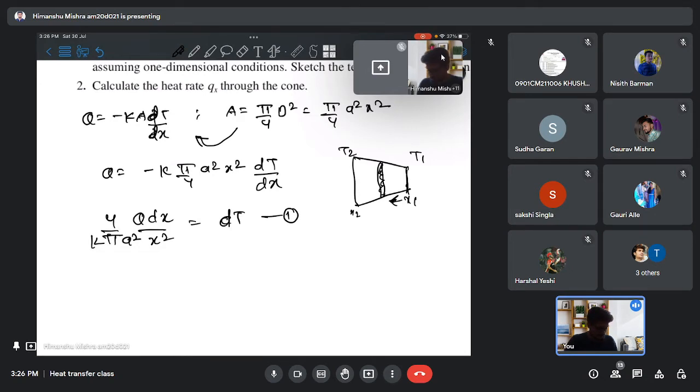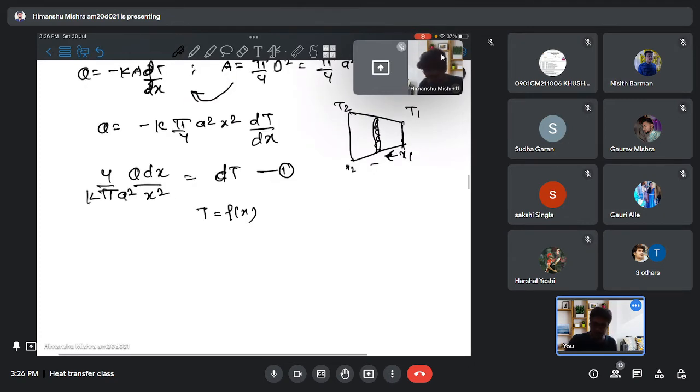I will get some relation of temperature in terms of x here. So let's integrate from x1 to some x, and the temperature of this element will be T.